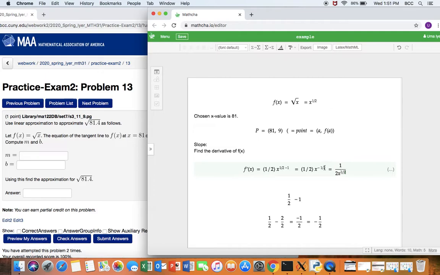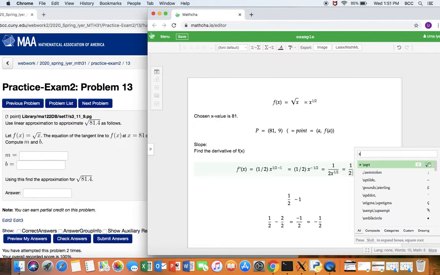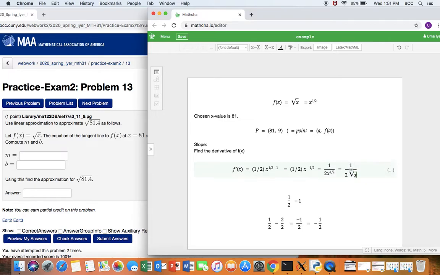You see that negative exponent became this quantity. Well, this is same as the fraction 1 upstairs, 2 downstairs. x to the power half is what we call square root of x. All right. So derivative of this function is this function.